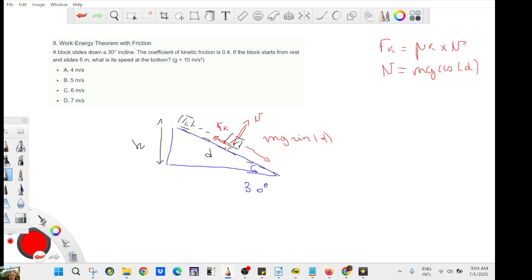You have the weight down here, and one component of the weight here, which is mg cosine.